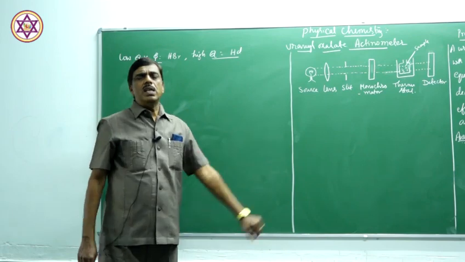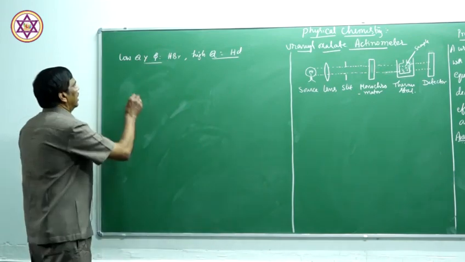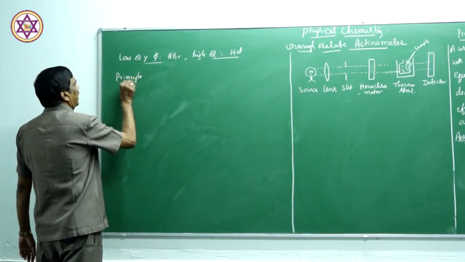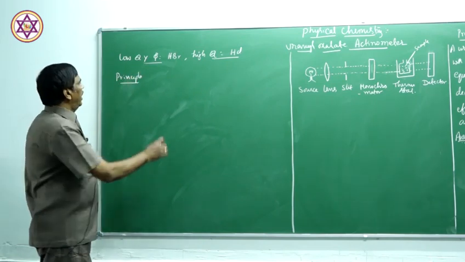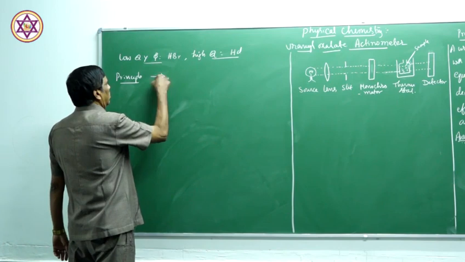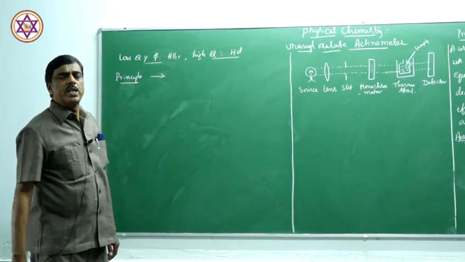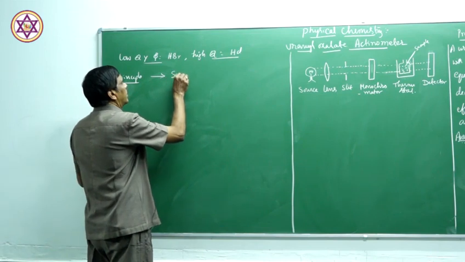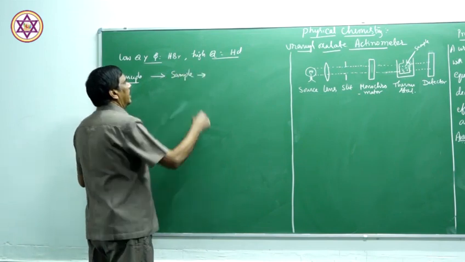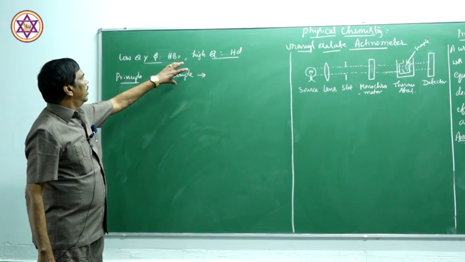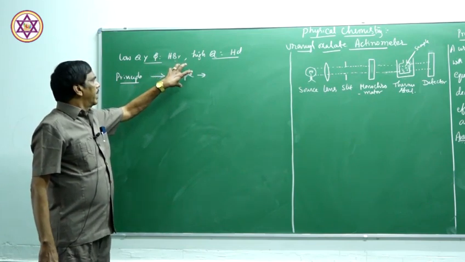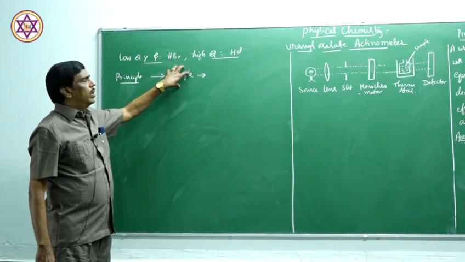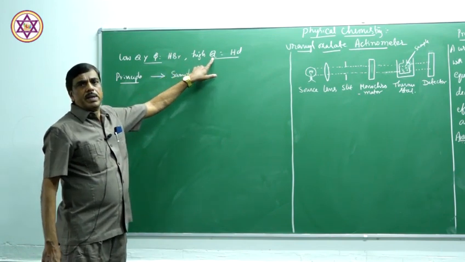Actually, the principle of this instrument is that a known amount of radiation is irradiated on the sample reacting substance, and the amount of radiation absorbed by the sample is used to calculate the quantum yield.